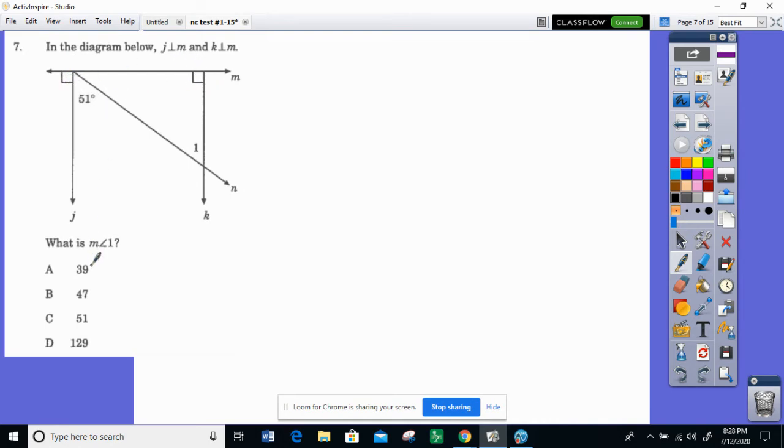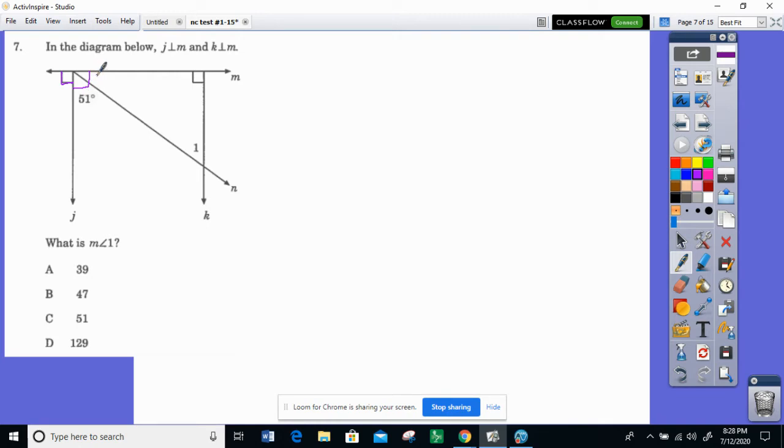They want to know, what is the measure of angle 1? Well, we know that if this is a line, and the measure of a line is 180 degrees, then this right angle right here is adjacent to another right angle that's made up of the 51-degree angle and this mystery angle.